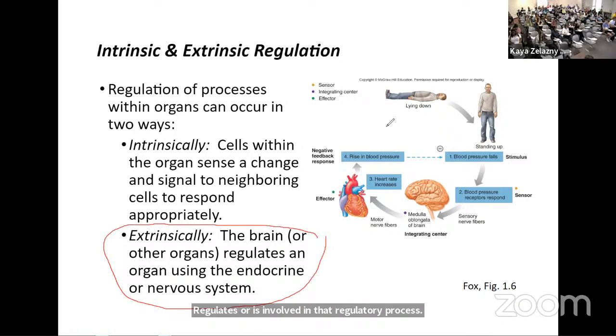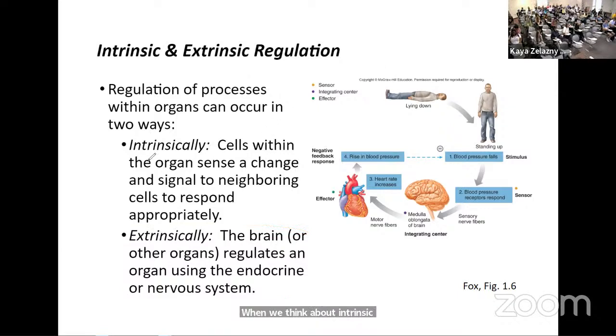When we think about intrinsic regulation, what we're talking about is that a cell within an organ senses a change and then immediately kind of changes back itself and signals to neighboring cells to make changes. So whether something is intrinsically regulated or extrinsically regulated for a given system is basically how far do we have to go to have this negative feedback take place? How far away are we getting these signals from?